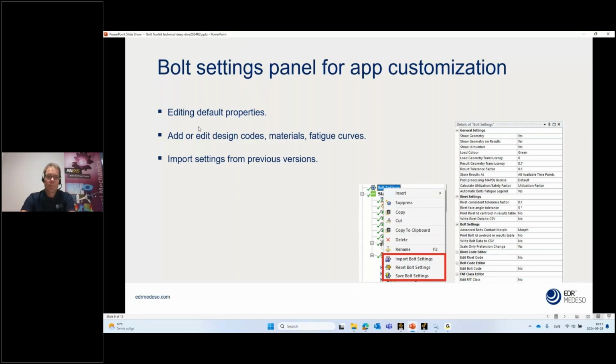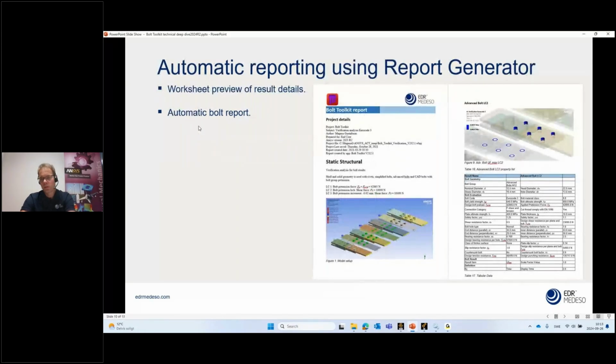So very convenient way. And also mentioning when using the Bolt to Weld Toolkit, you can use the Bolt and Weld report feature from our app report generator. Downloading that will provide you the ability to quickly generate an HTML report.